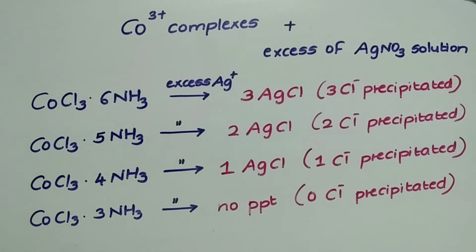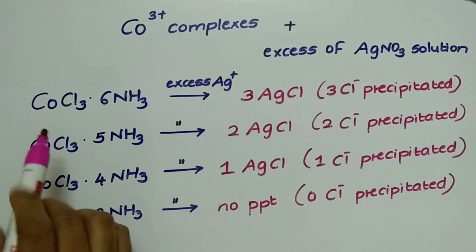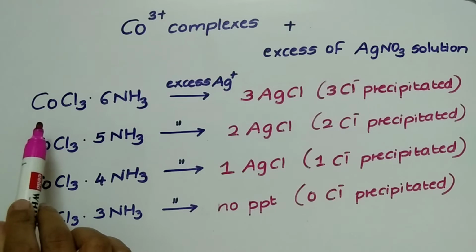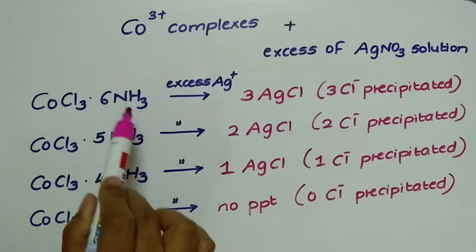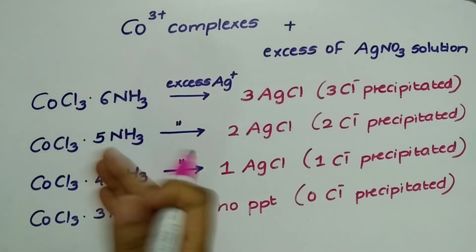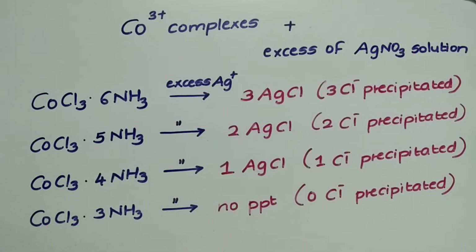So this was the observation. He took cobalt 3+ complexes. You can calculate the oxidation state of cobalt here. It will be 3+. Why? Because ammonia, NH3, is a neutral ligand, charge is 0. So he took this complex, and into that excess of AgNO3 solution was added.